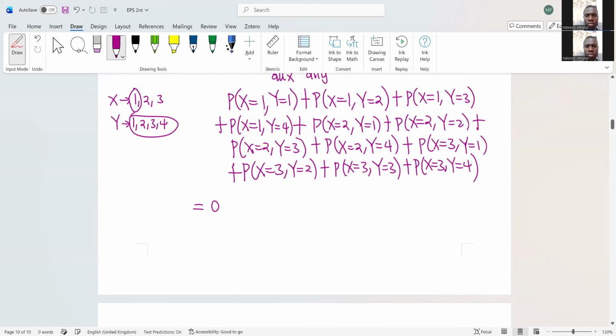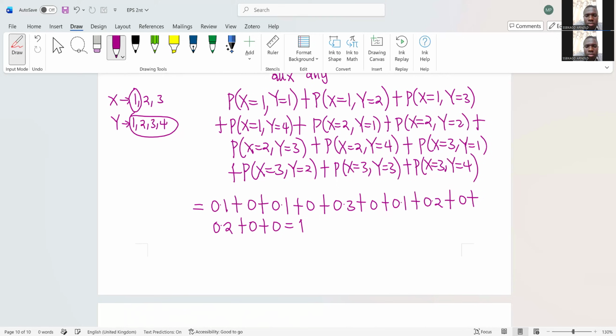Therefore, this is equal to 0.1 plus 0, 0.1 plus 0 plus 0.1 plus 0 plus 0.3 plus 0 plus 0.1 plus 0.2 plus 0 plus 0.2 plus 0 plus 0, and this equates to 1.